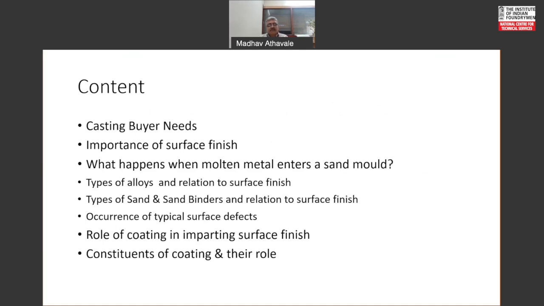Then we will look at what happens when molten metal enters the sand mold and the effect of types of alloys, types of sand and binders and their relation to surface finish, occurrence of typical surface defects, and then go into the role of coating in imparting surface finish, and then also look at basics of coating, that is constituents of coating and their role.